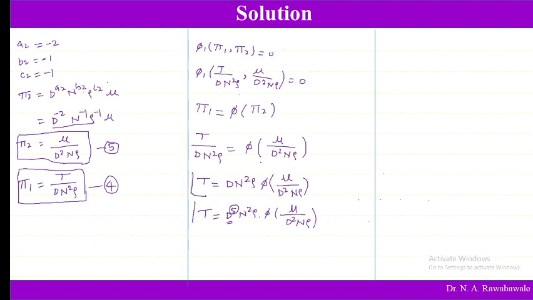So this is the actual answer, and in the problem this 5 is printed by mistake, a printing mistake. So d to the power of 5 is not there, only d to the power of 1 is there.